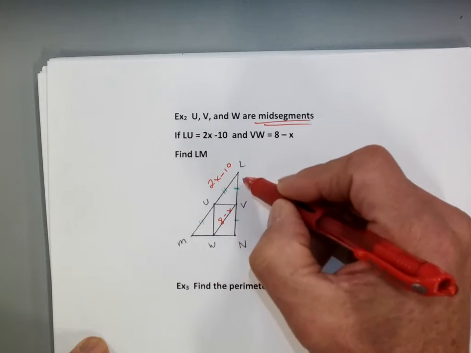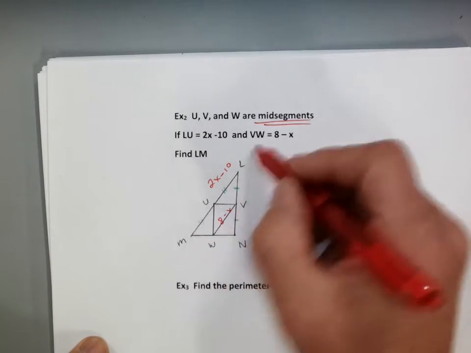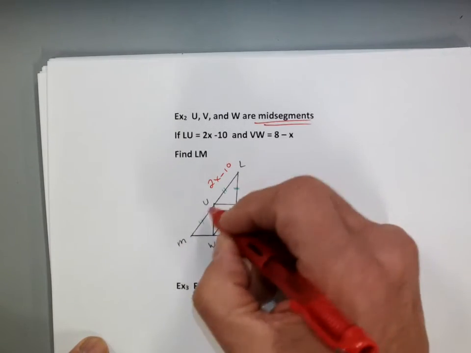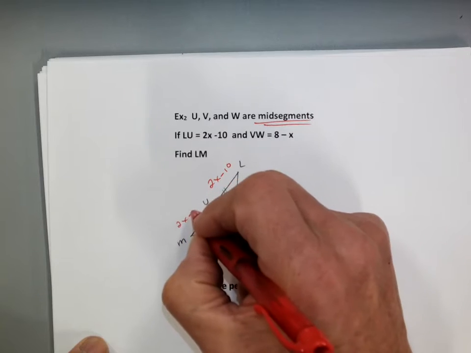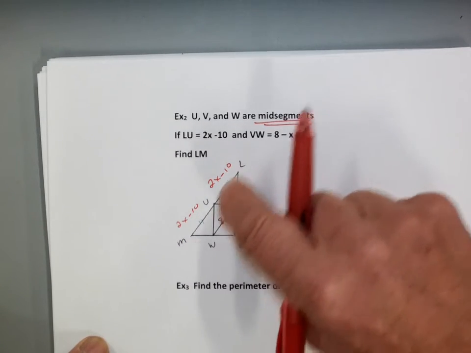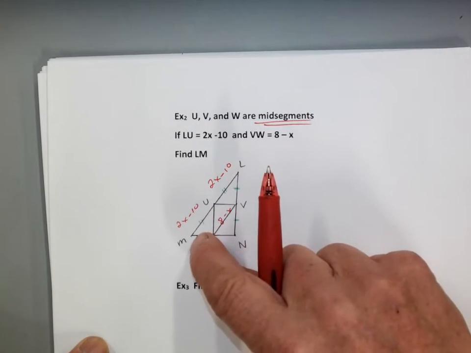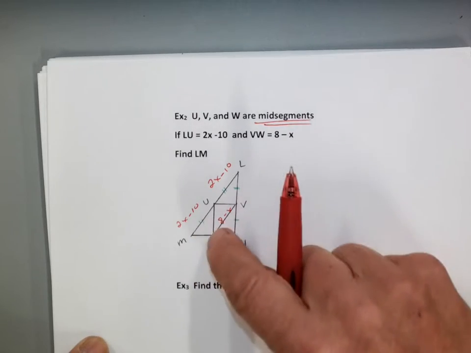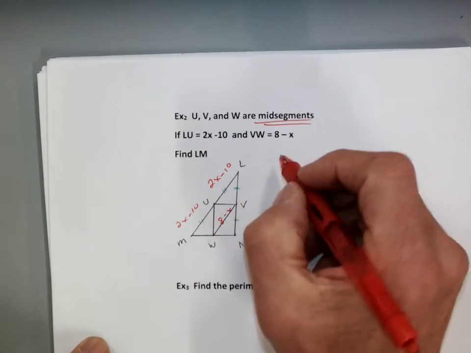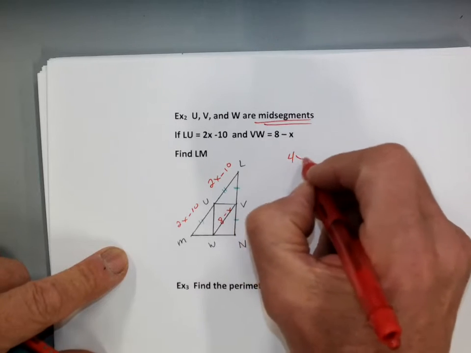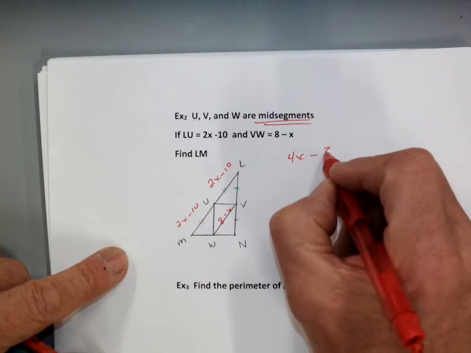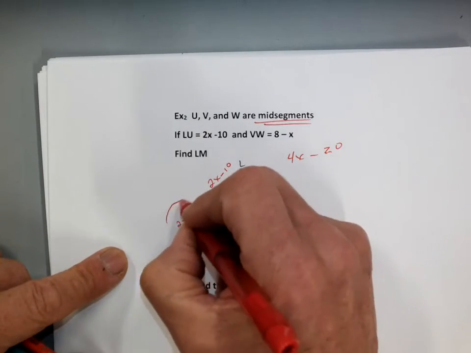LM is all of this. So LM is also 2x minus 10. Has to be. If this is 2x minus 10, then if I want LM, LM is equal to 4x minus 20, right? Double that.